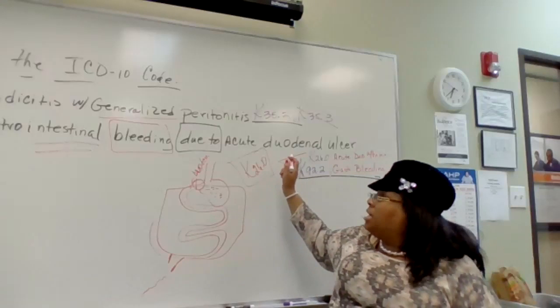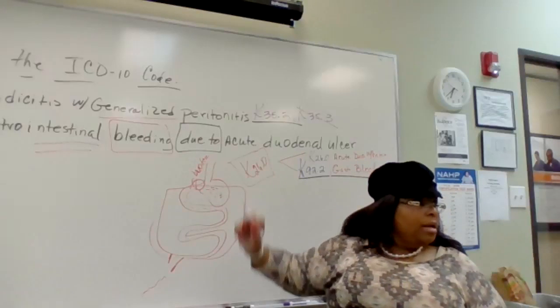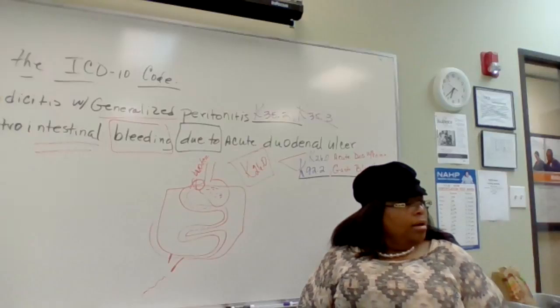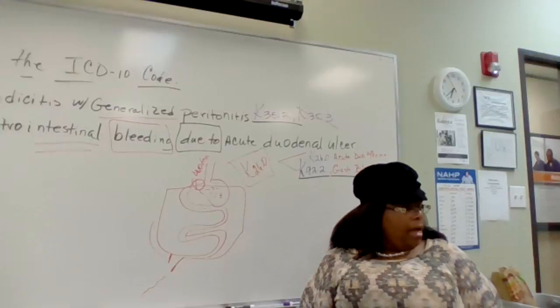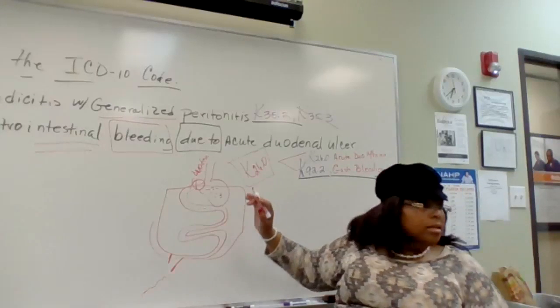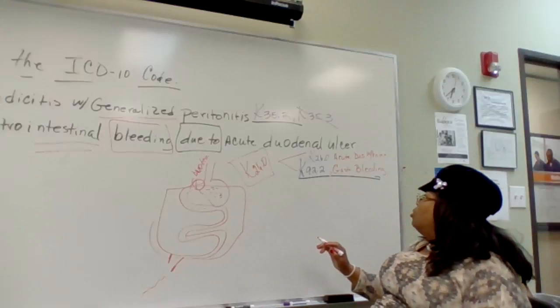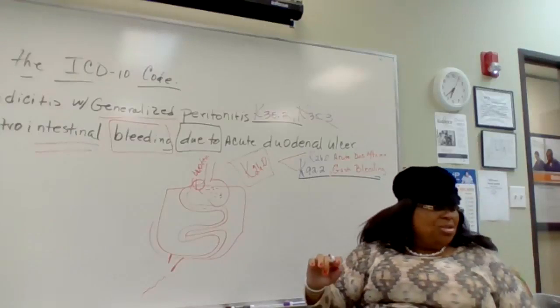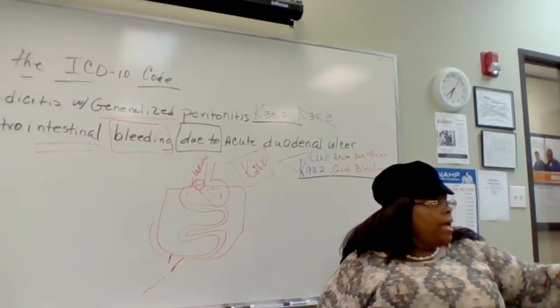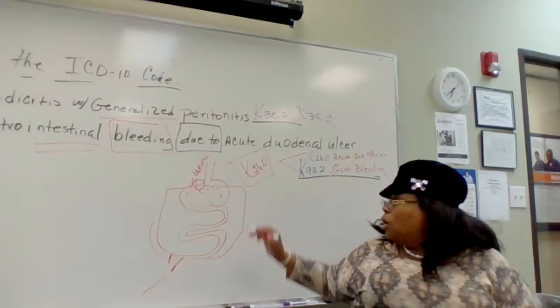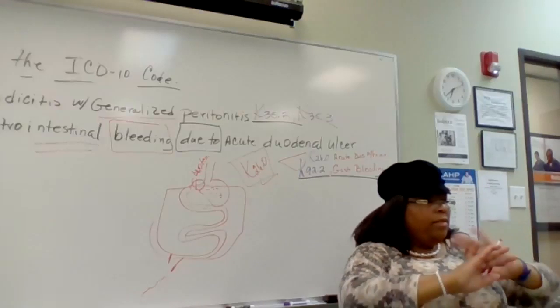Because it covers all of this. So are you saying that we can use K92.2 as well? Yes. Well, no. K26.0. What is K92.0? Yeah, you can. I'm sorry. You can use that. Now, here's the thing. You can use this, and that's a wrap.